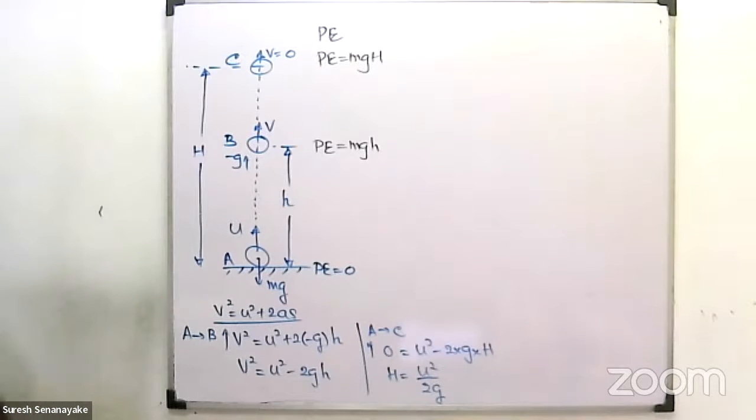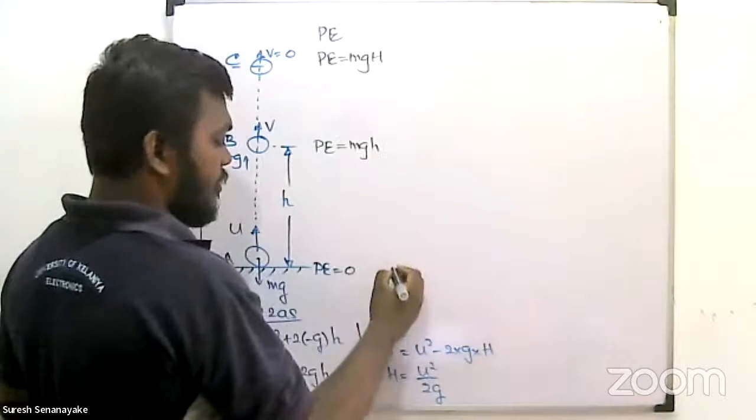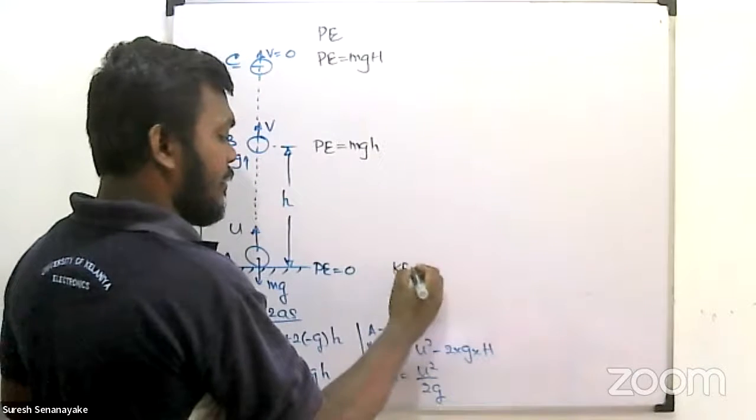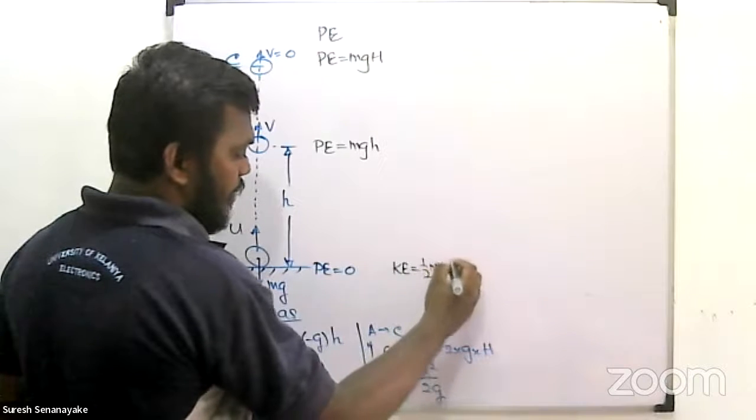Now the kinetic energy. At this position the velocity is u, so the kinetic energy is half m u square.